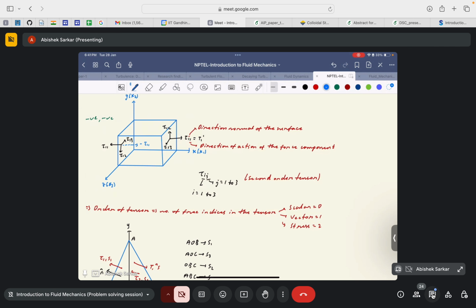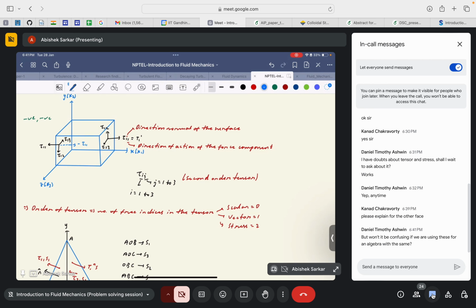Similarly, tau 1 2. Now I think it will be much clearer when we discuss tau 1 2. But won't it be confusing if we are using this for an algebra with the same?